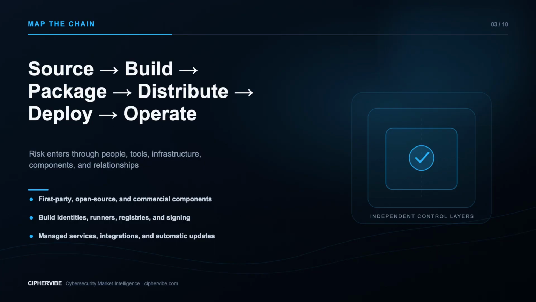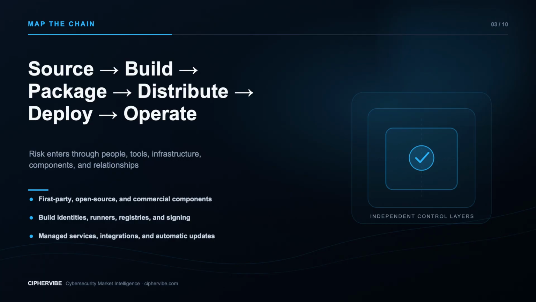Deployment adds automation identities, infrastructure templates, containers, and privileged installers. Operation adds cloud services, APIs, agents, plugins, data processors, and fourth parties used by your vendors. Threats include compromised maintainer accounts, malicious or abandoned packages, dependency confusion, tampered build systems, stolen signing material, poisoned updates, vulnerable components, excessive vendor access, and unsupported products.